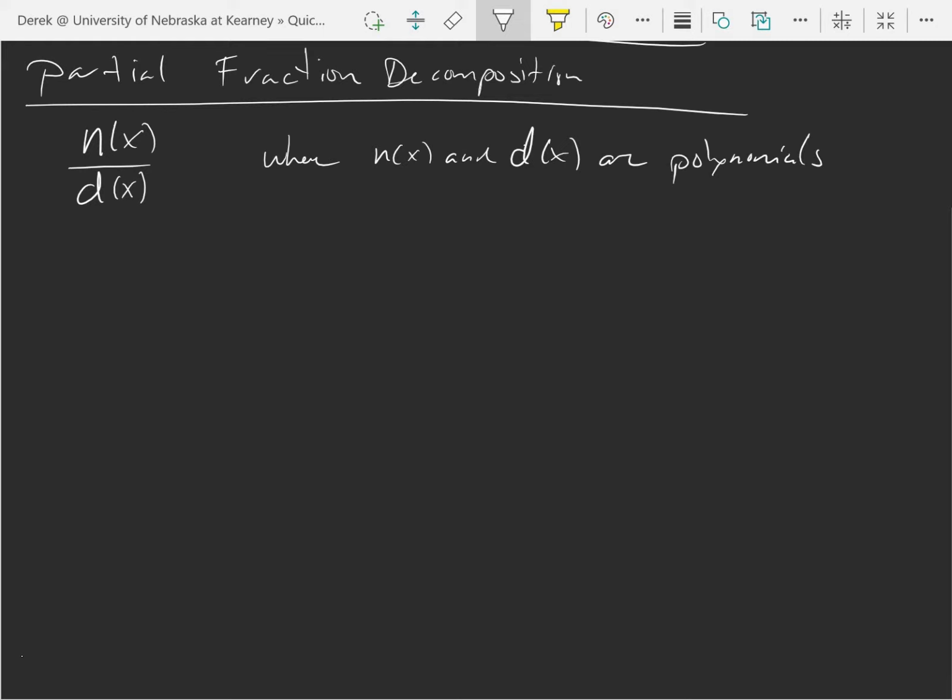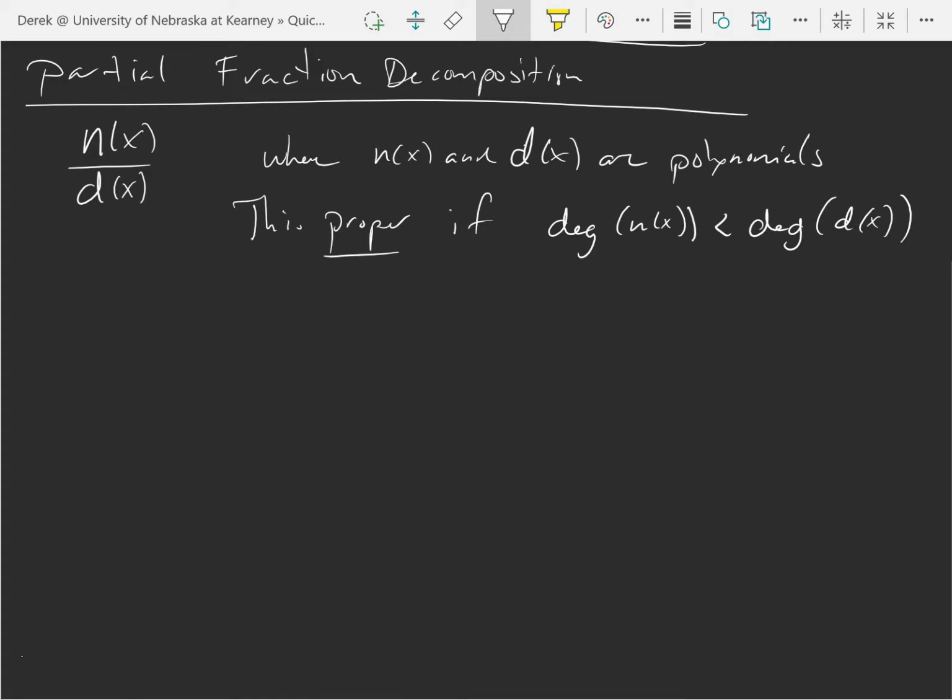Okay, and we say that this is a proper fraction if the numerator has a lower degree than the denominator. This is proper if the degree of the numerator is less than the degree of the denominator.